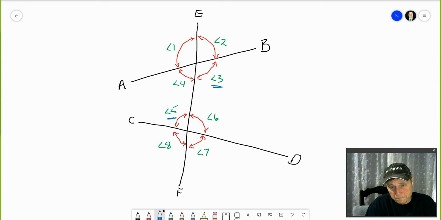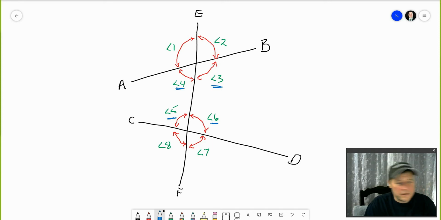Angle 5 is on the left side of the transversal, and they do not share the same vertices. So it could not be angle 4, because angle 4 and 3 share the same vertex right here, right? So it has to be opposite interior, but they can't share the same vertex. So 3 and 5 are alternate interior. So therefore 4 and 6 are also alternate interior angles, okay?